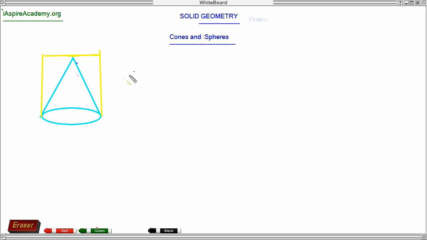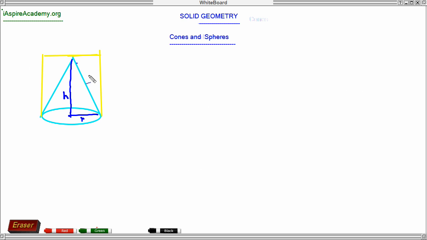Before we get to the area of the cone, let's see what the dimensions of a cone are. A cone has three dimensions. One is r, which is the radius, then there is h, the height.